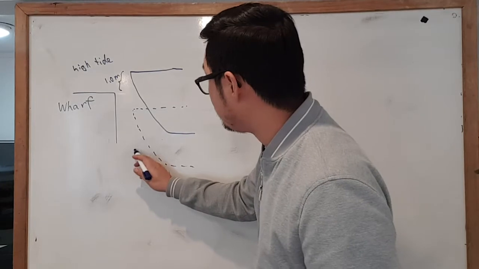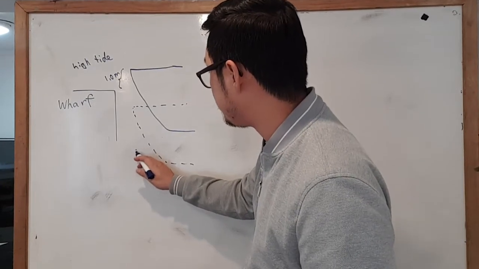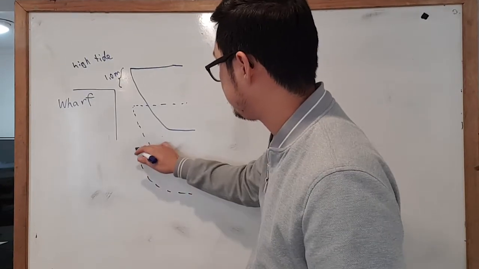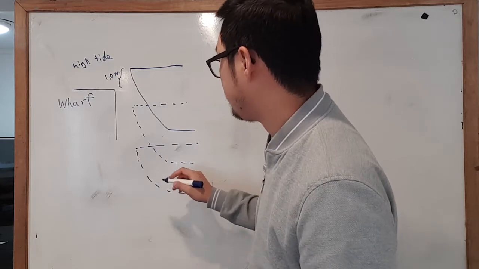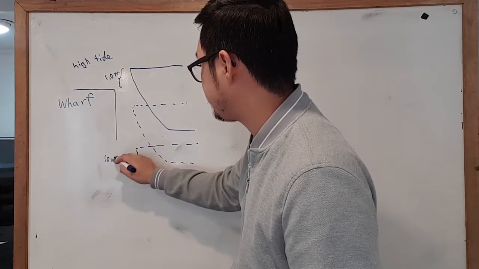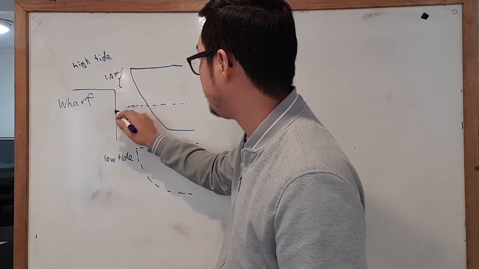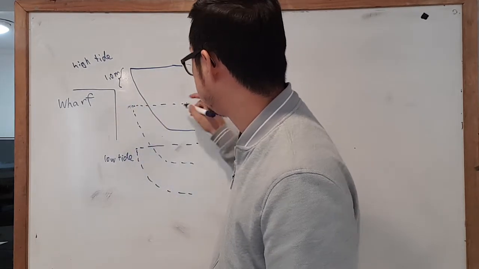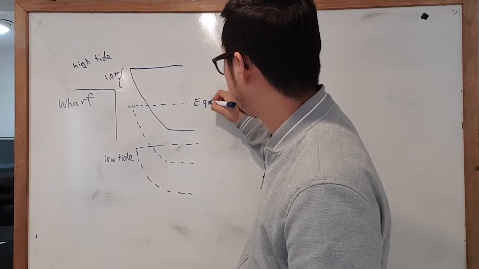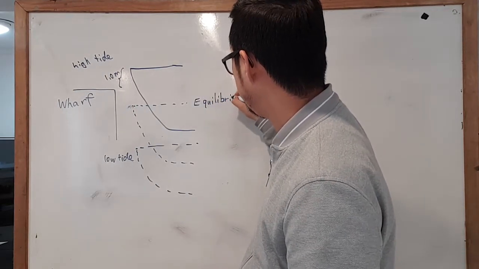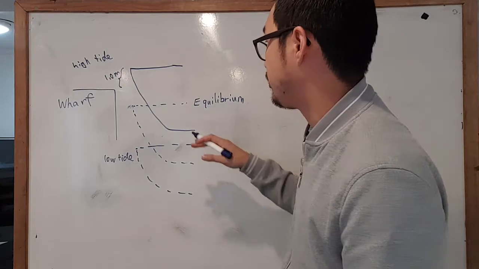So a low tide should be 4 meters down, it should be here. Because it's an amplitude, this is equilibrium here.